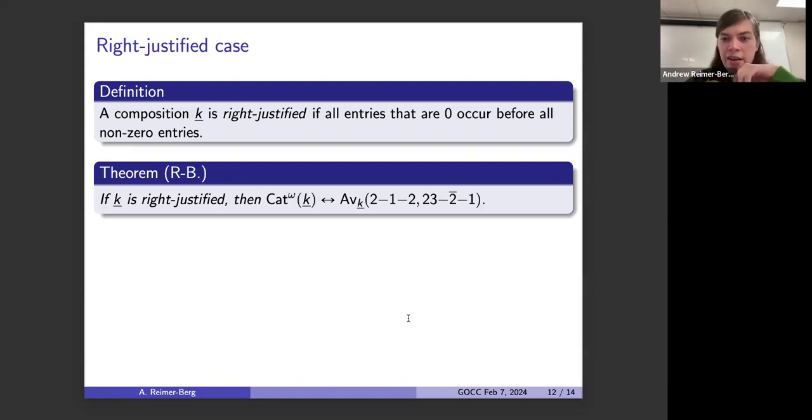And then 2-3-barred2-1 means we have a 2-3-1 where between the 3 and the 1, we don't have a 2. Here we're avoiding said pattern, and so to avoid that pattern, that means if we have a 2-3-1, then there must be a 2 between the 3 and the 1.